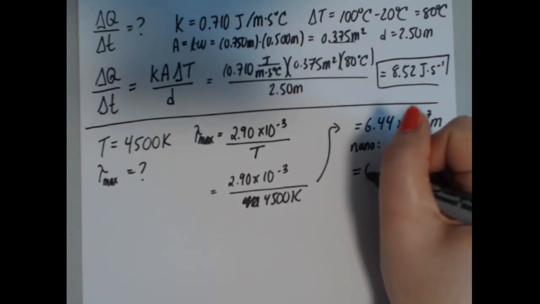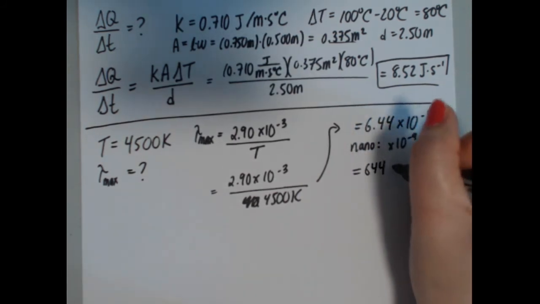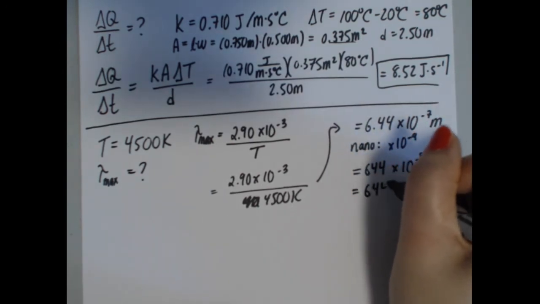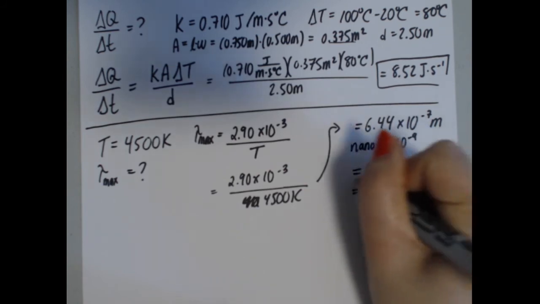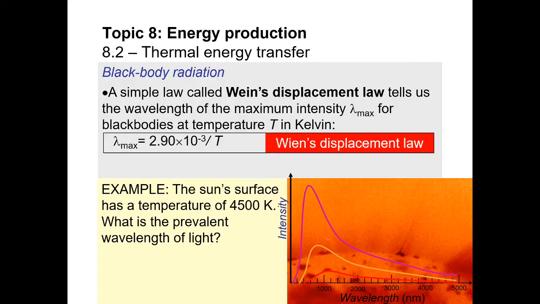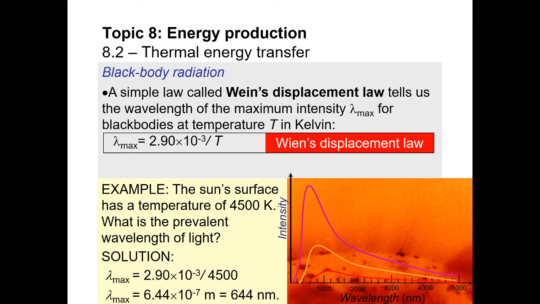That means this is the same thing as 644 times 10 to the minus 9 meters, which is 644 nanometers. And so this is the wavelength of maximum emission of radiation from the sun. So going back to the slides, let's take a look at the spectrum of light.